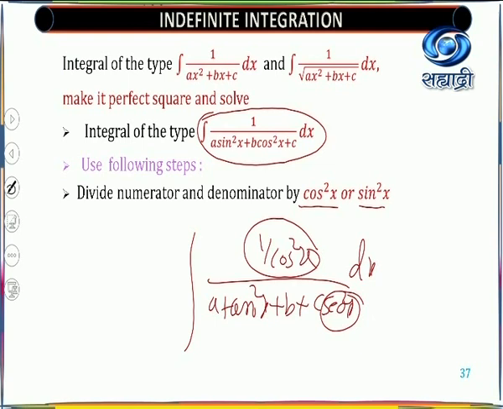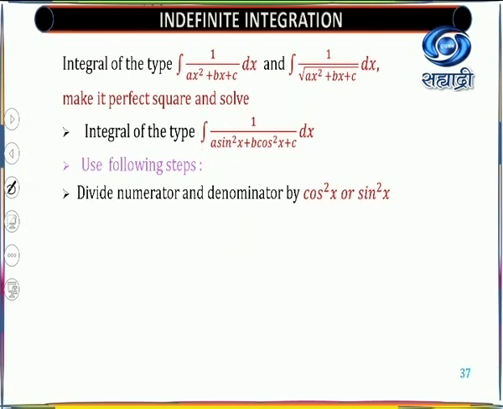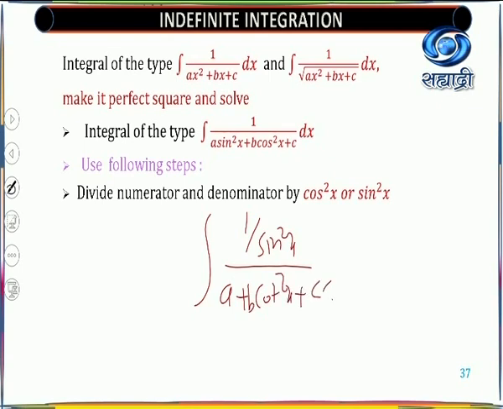Secondly, when you divide by sine square x, what will happen? This becomes 1 upon sine square x upon a. Now sine square upon sine square gets cancelled. You will get b cot square x plus c into cosec square x, because it is 1 upon sine square x.